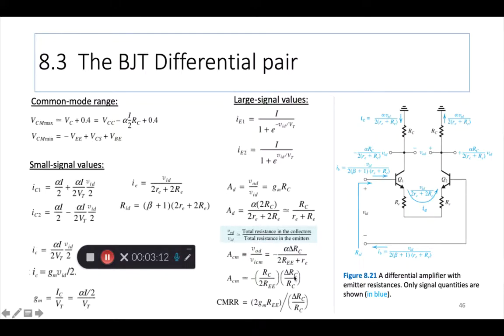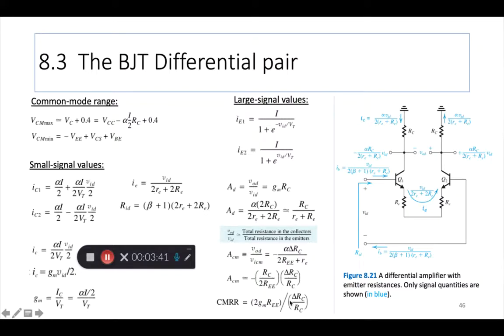In our textbook, there's one reason for common mode gain, which is the variation in the collector resistances. So you see the formula for common mode gain when there is a difference in the collector resistance, and then you have the CMRR formula shown here at the bottom.